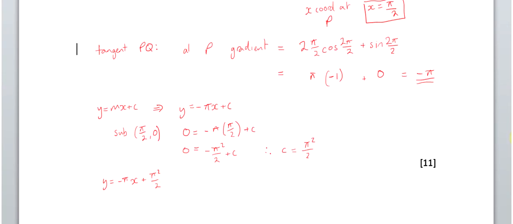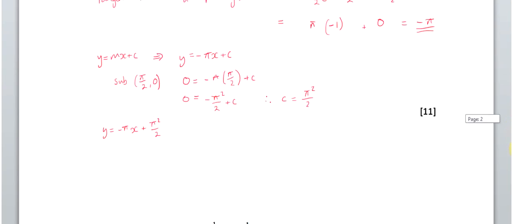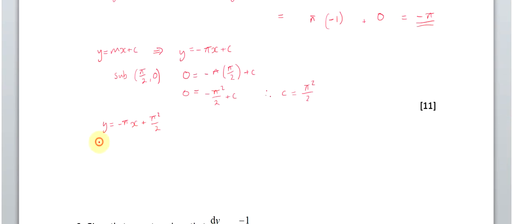And of course we want to show that it turns out to be this expression here, so we need to rearrange it a little bit, which is straightforward. Multiply through by 2, so we get 2y is equal to minus pi x plus pi squared over 2, and then we multiply through. Have I multiplied by 3? I did, yes, so it should be 2 there, shouldn't it?